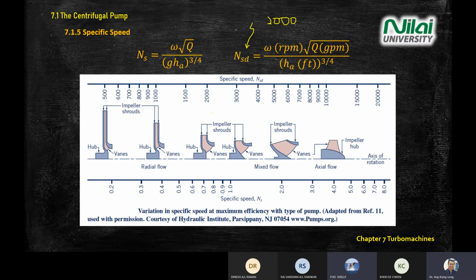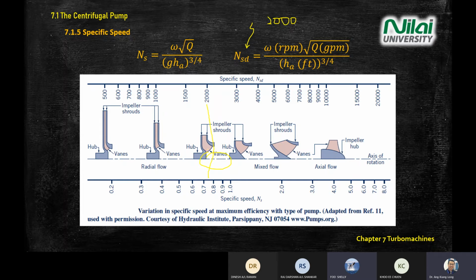You are using this one, right? So this actually is between radial flow and mixed flow. You are in the middle. So you can use either radial flow or mixed flow. Both are correct answers.